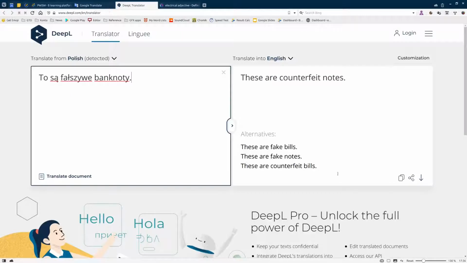Here it's just notes, and that's actually more accurate because that's what you call the paper money normally, right? So a £10 note, for example, you don't normally say banknote.